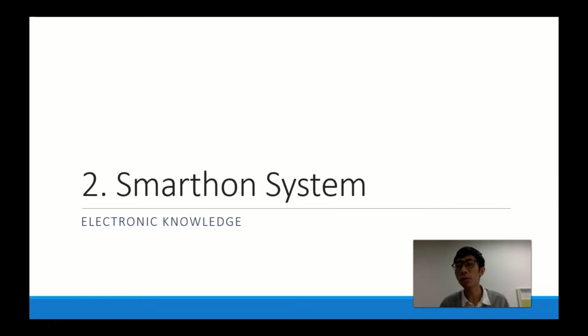If you don't know the smart system, you don't know the electronics, you don't know how to connect the wires, and you don't know the concept behind it, it will not be very smooth to go through these things.